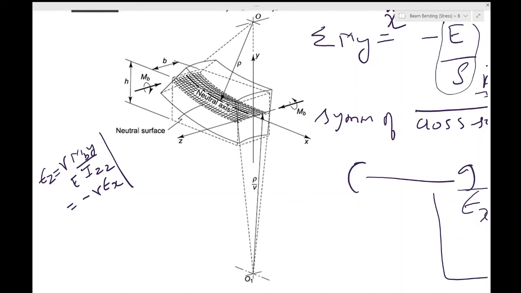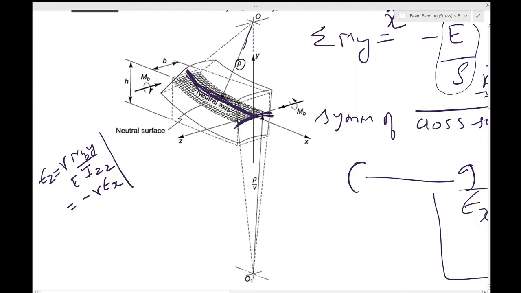So this is the whole idea: if this has become an arc like this of curvature rho, something like this would have become for epsilon z.